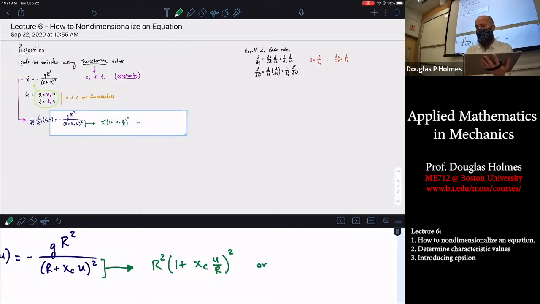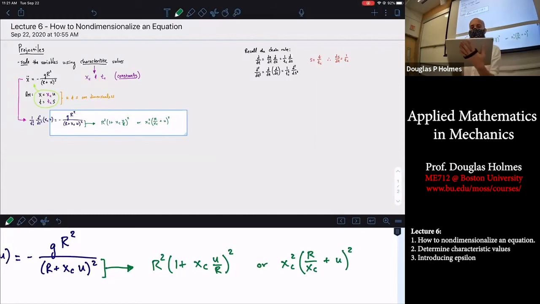Or, instead of pulling out the r squared, I could pull out the characteristic length scale xc. So in that case, I would get something like this. Just to verify and make sure that we're being sane here, u is dimensionless.